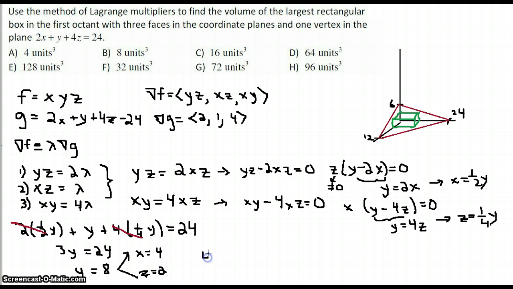So our point is 4, 8, 2, and the volume is going to be the product of those three numbers, which is 64. So that is the answer to the question, 64 units cubed.